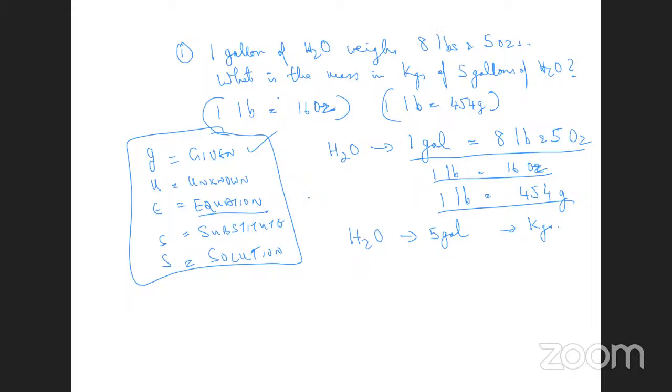Now look at this equation. Let me use a different color. For 1 gallon, if they directly told us the mass in pounds only, then I know they haven't given kilograms, but we can convert it to grams, then kilograms, and could have found it. But there's 5 ounces attached to that, and because all the conversions are given only in pounds, we must convert these 5 ounces to pounds and add to that.